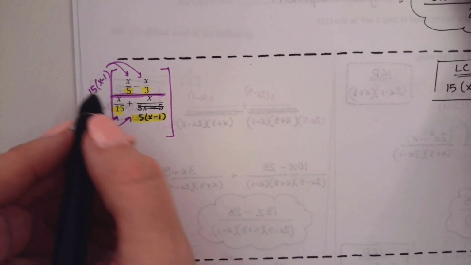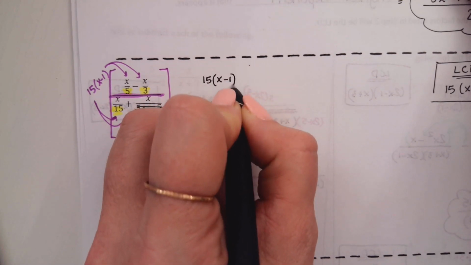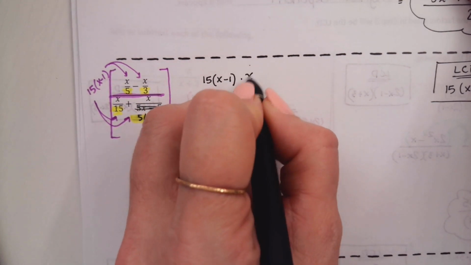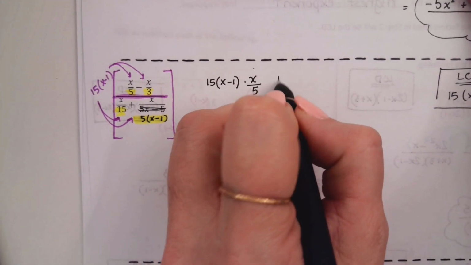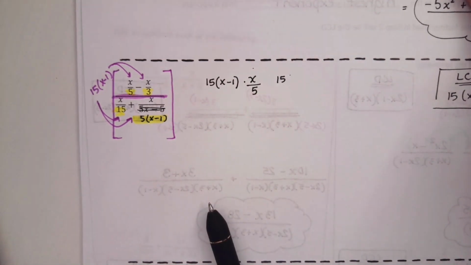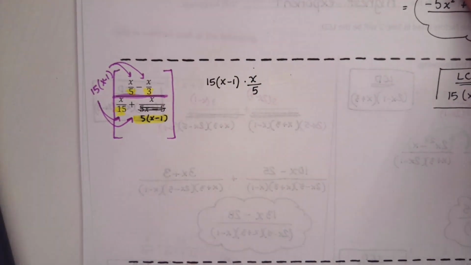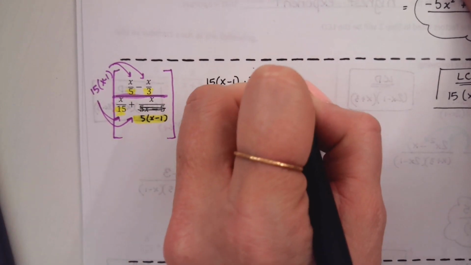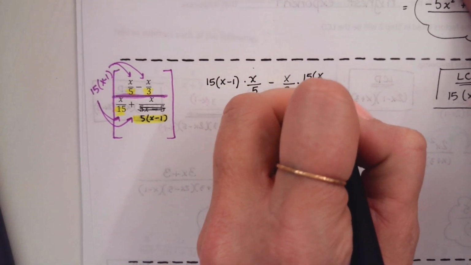All right, so the first one's going to say 15 times x minus 1, that's my LCD, times the first fraction, which is x over 5. Then I have a minus x over 3 times my LCD, 15 times x minus 1.